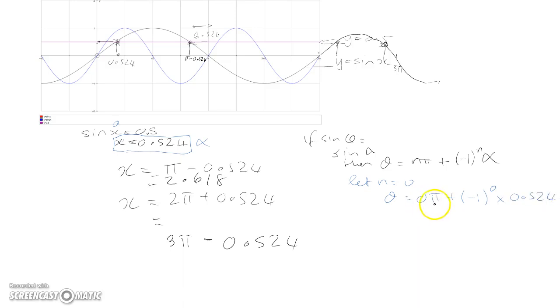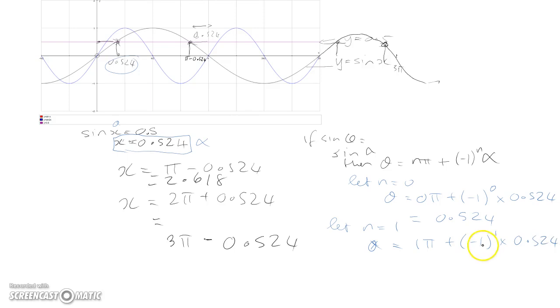So 0 times pi is nothing. Negative 1 to the power of 0, anything to the power of 0 is 1. So 1 times 0.524 is 0.524, which was my first point. Let n equal 1. Now I have theta, or x, is equal to 1 pi plus negative 1 to the power of 1 times 0.524.